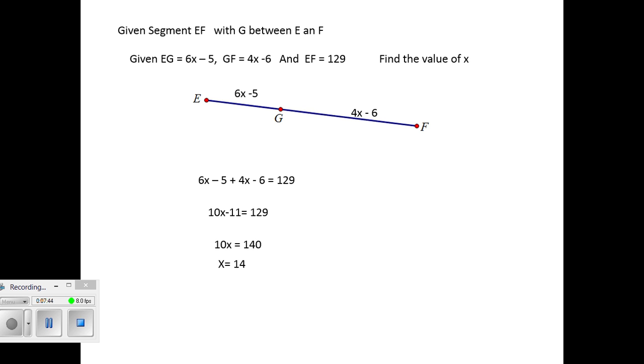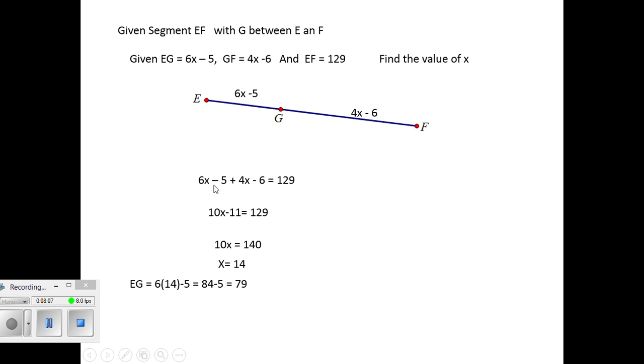But in some instances, they ask you to go a step further. I might say, find what EG or GF is. If you just leave it at x equals 14, then you're not answering the question. In this instance we are answering the question, but let's put that in anyway, because EG is 6x minus 5.